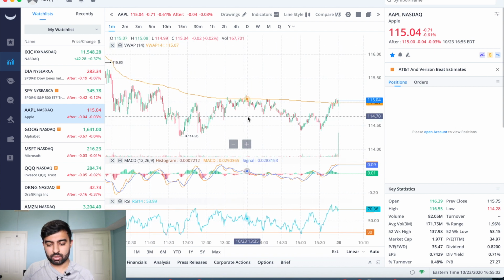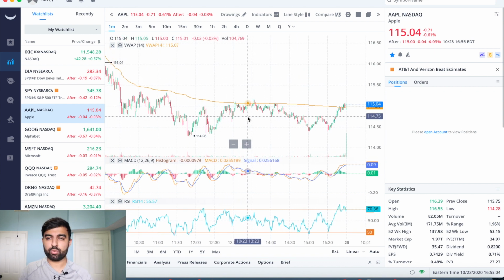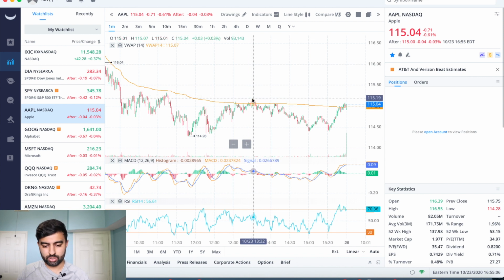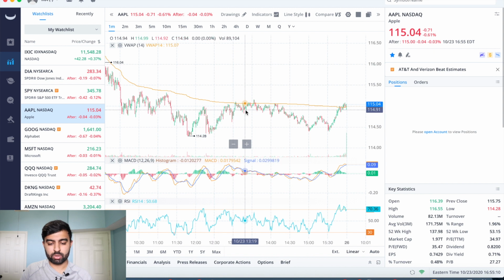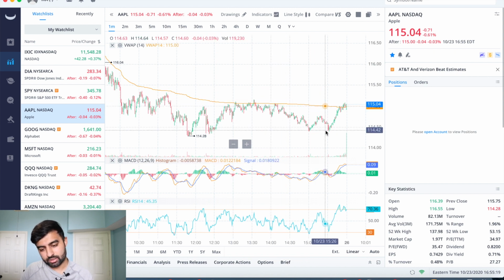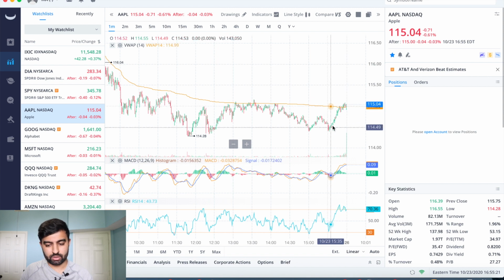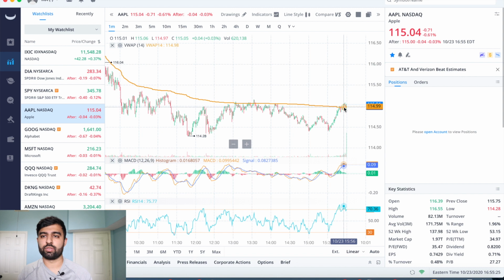The one thing that I want to point out is we were under the VWAP for basically the entire day. There was a point here where we came over it, and then at the end we made a push, but we were below VWAP. So kind of trading in this narrow range during this time. And then we had more weakness, and then we saw a push into the close, going from 114.50s into the 115s.